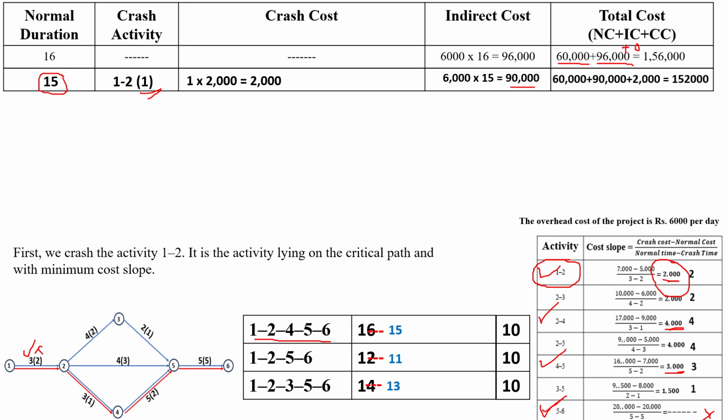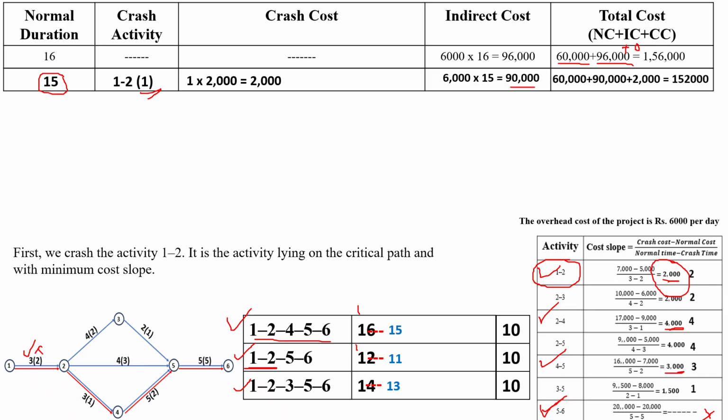Okay, so now activity 1 to 2 lies on 3 paths. So for the path 1, 2, 4, 5, 6, also 1 day is reduced, then 16 becomes 15 days. Similarly, activity 1 to 2 is an activity for path 1, 2, 5, 6.